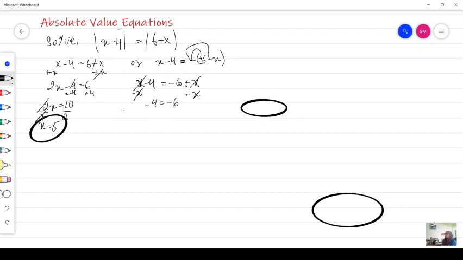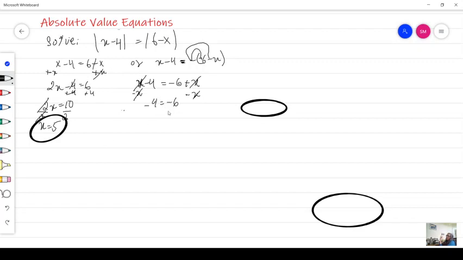If you pay attention, that's a false statement. Negative 4 is not equal to negative 6. So I don't know if that one is going to work or not. I have to plug it back into the absolute value equation, and if it works, good.